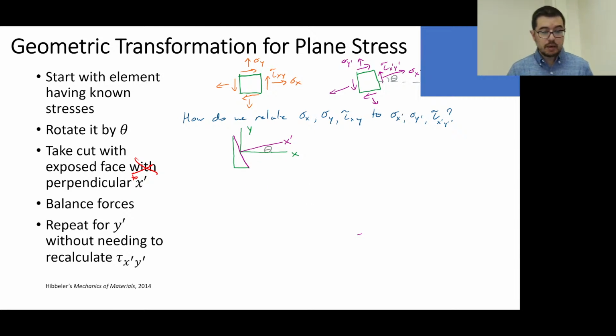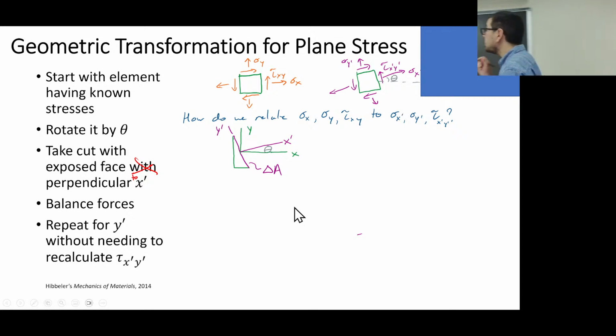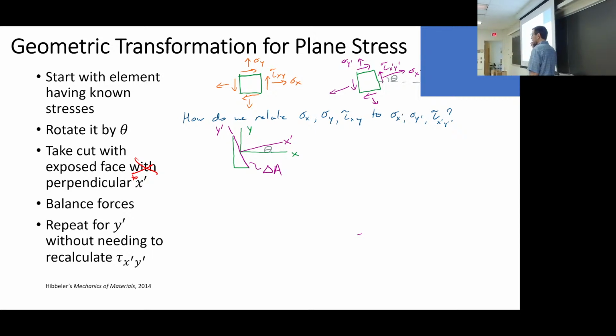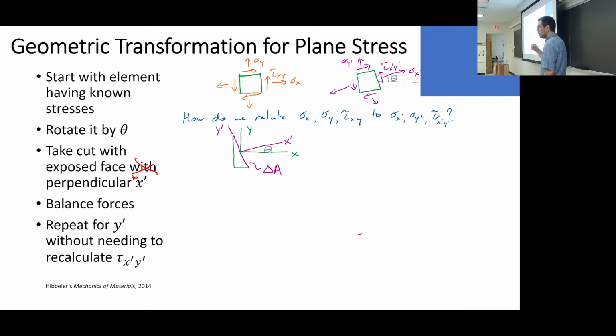There's an angle theta between x and x prime. Here's the new y prime, in that direction. And this is now delta A, the face whose area we care about, the one perpendicular to x prime. Can you see this? You have to be able to draw these.